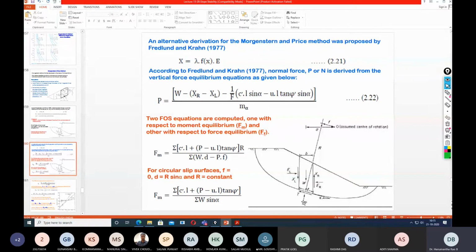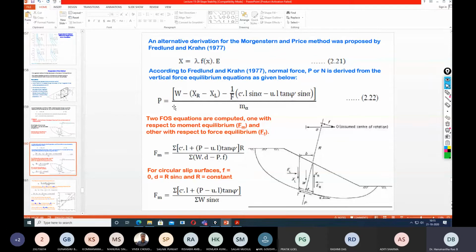In Bishop's equation also, we substituted FR and FT into one of the equilibrium equations, that is the vertical equilibrium equation. Then we simplified everything into the normal force, that is N. Here also it is the same thing, we have taken the same form of the equation, so this P is the normal force.